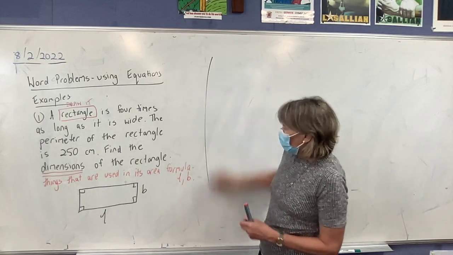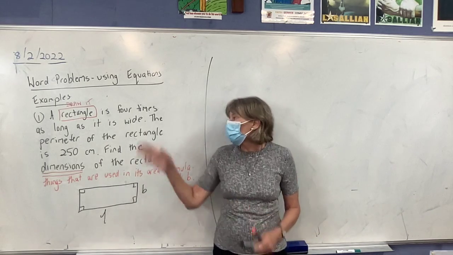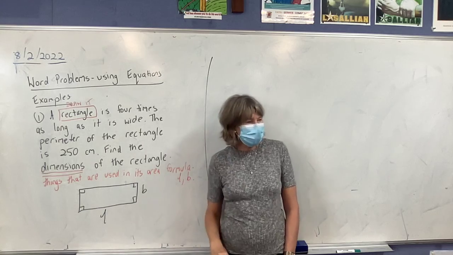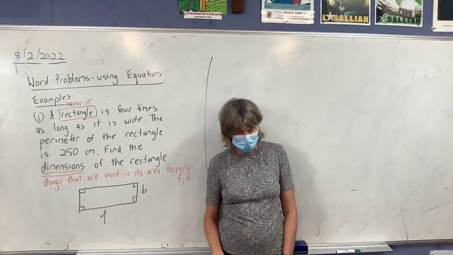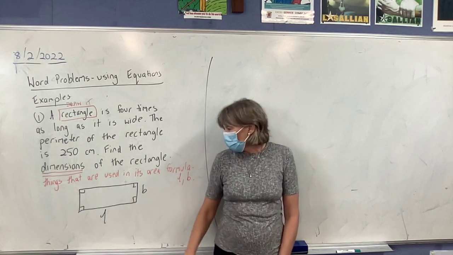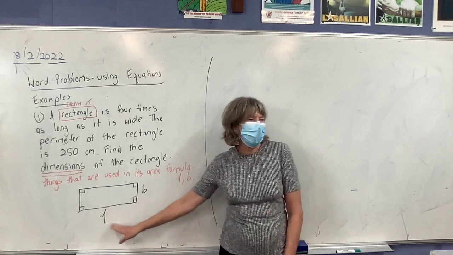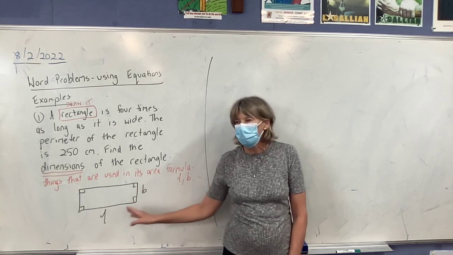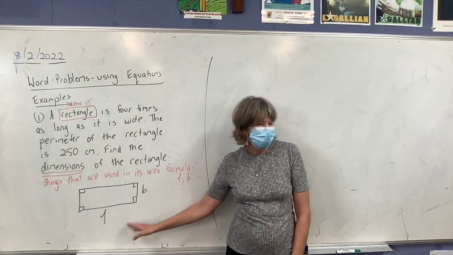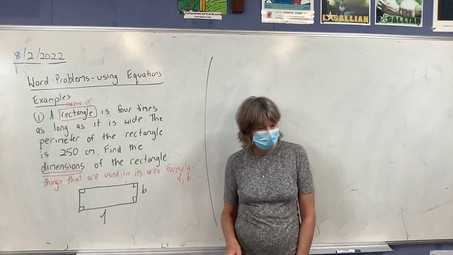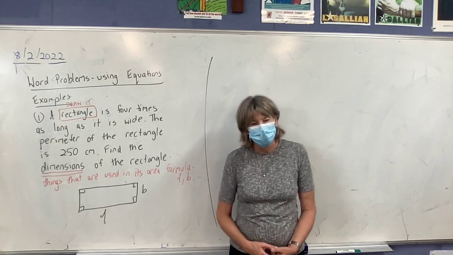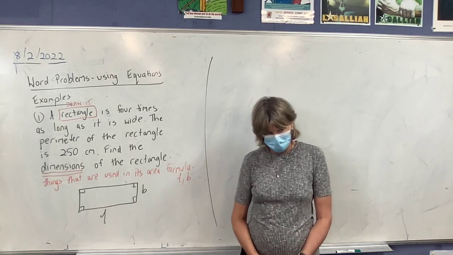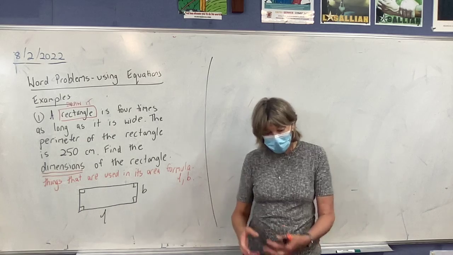Okay, now, they give you a statement up the top here. It says a rectangle is 4 times as long as it is wide. So I can change something here to make one of these letters disappear. What can I do? Jonty, how do you write 4B? 4B, that's right.